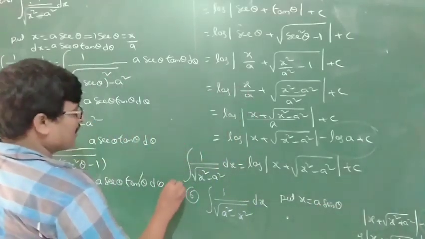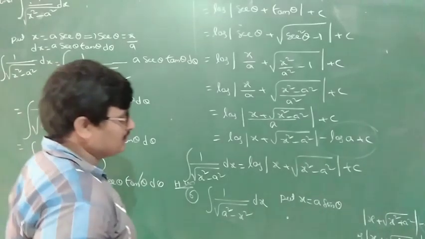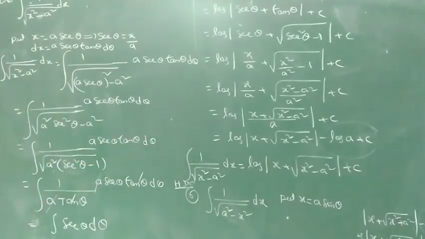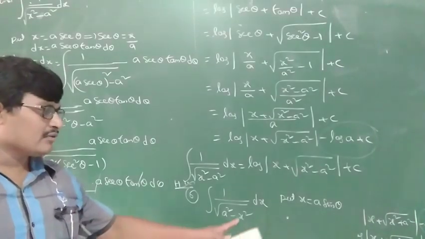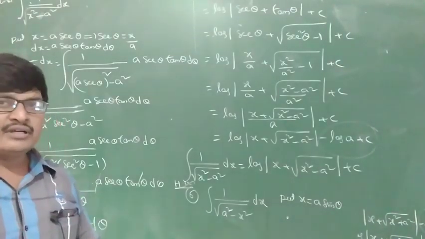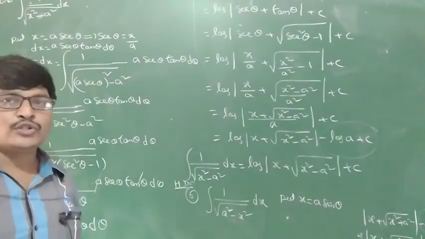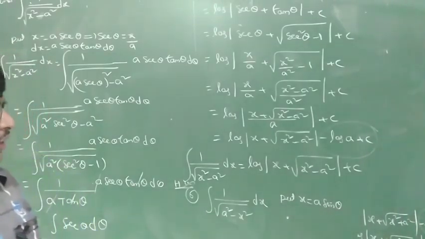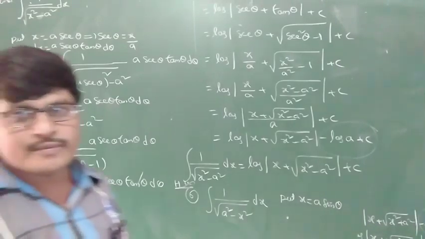This is the homework. You can try with x is equal to a sin theta or a cos theta. You have to try, otherwise I will discuss it tomorrow, along with the problems based on these formulas.